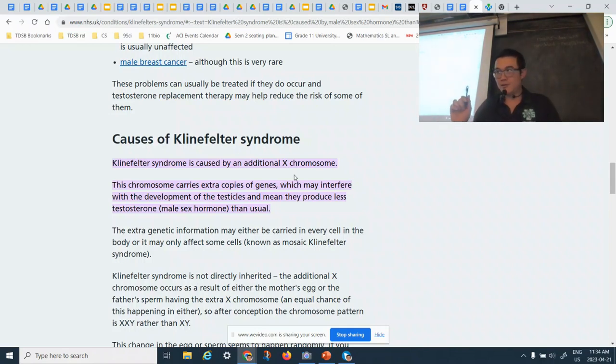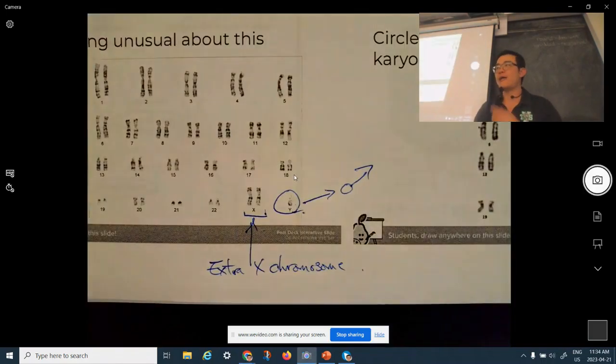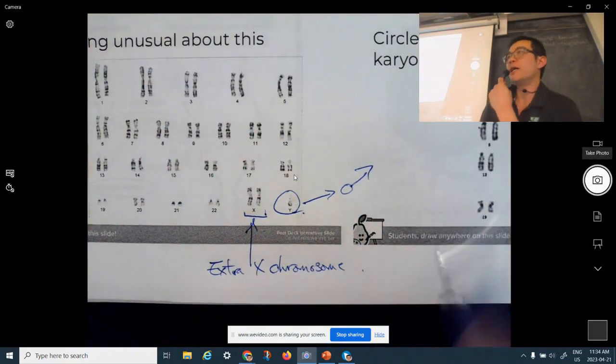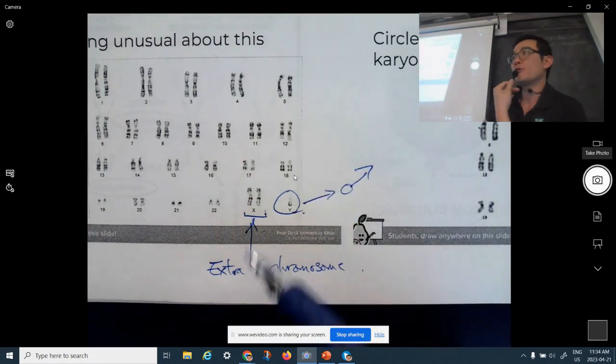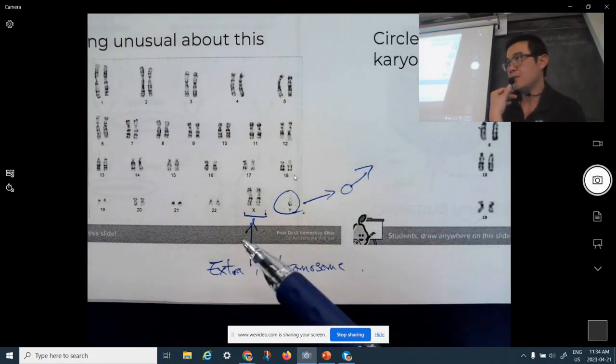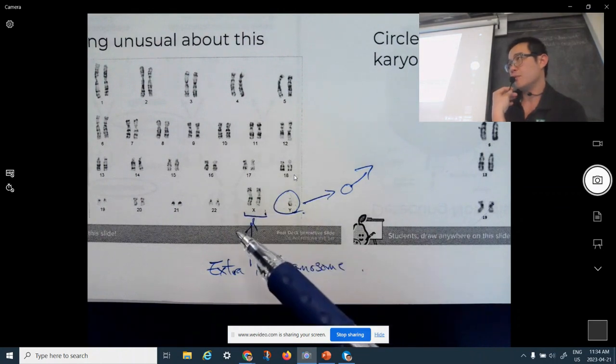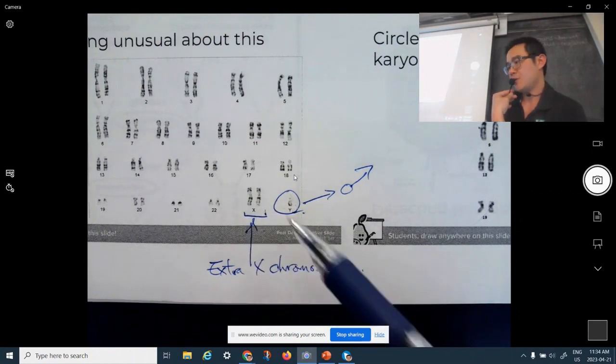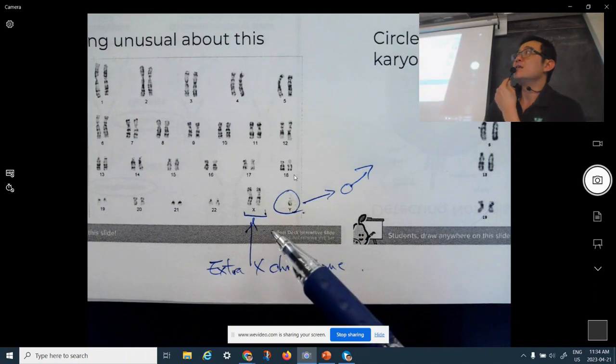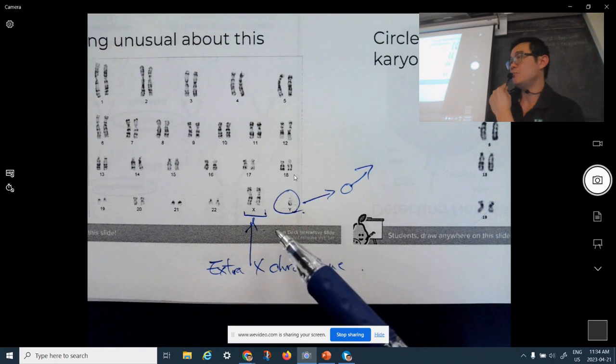Now, earlier, was it you who asked a question? Is the Y chromosome dominant? It's not really called that way, but during the earlier stage of embryo development, the X chromosome plays the most important role. But at a certain stage, there's a gene, the SRY gene, on the Y chromosome.